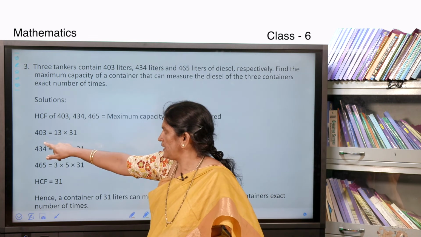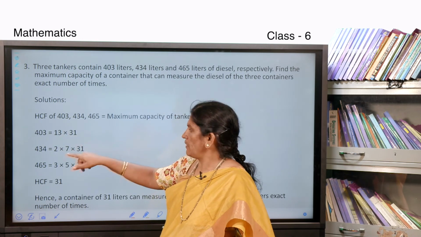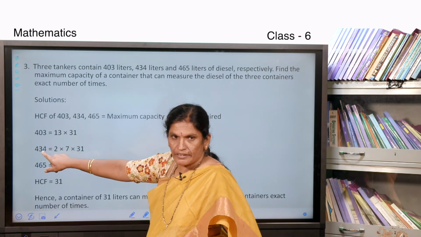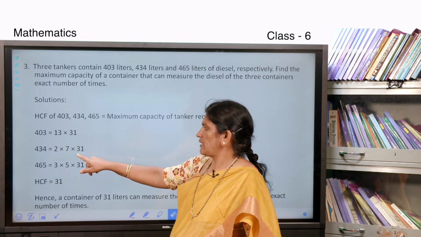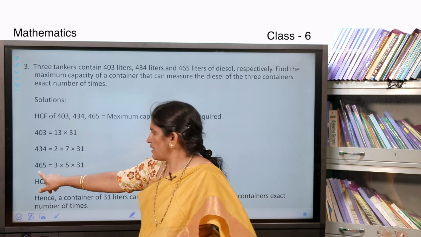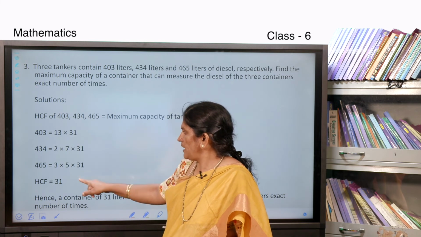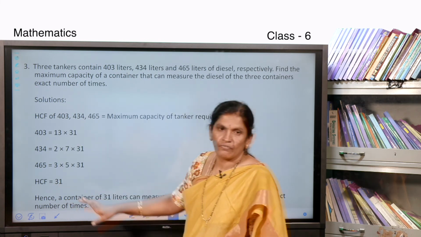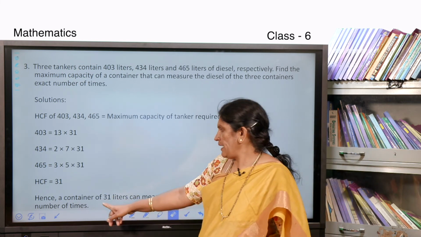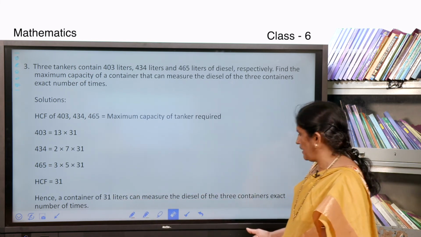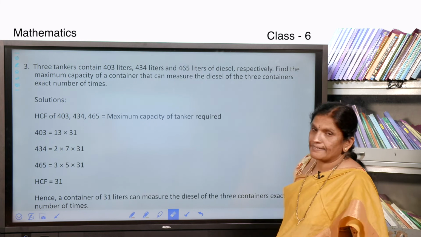Prime factors of 403 are 13 and 31. Prime factors of 434 are 2, 7 and 31. 465 is 3, 5 and 31. So, common among these 3 is 31. So, HCF is 31. Hence, a container of 31 liters can measure the diesel of the 3 containers an exact number of times.